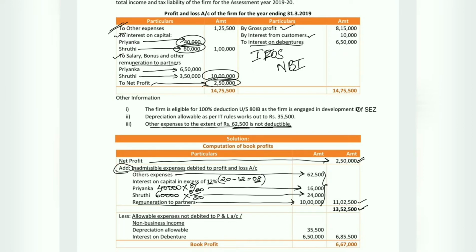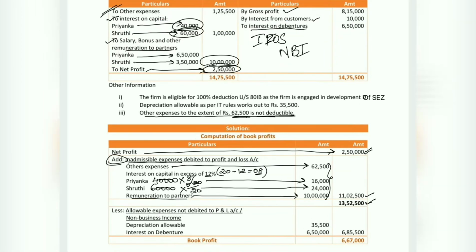So we will consider allowable expenses not debited to the profit and loss account, and non-business income values. We have interest on debenture to the extent of 6,50,000, and we have deducted the value. Also, in the second point, they have specifically stated depreciation allowable as per IT rules works out to 35,500.